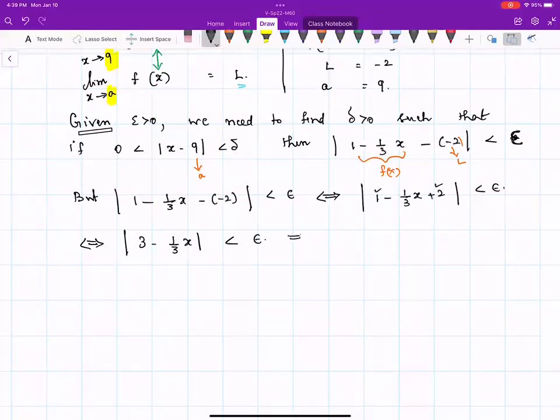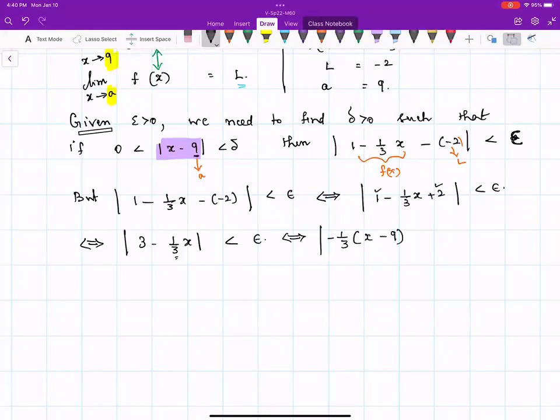What is my goal now? I want to bring in this x minus 9 expression somehow, in terms of epsilon. So I can write this by pulling out a negative 1/3 outside, as x minus 9.